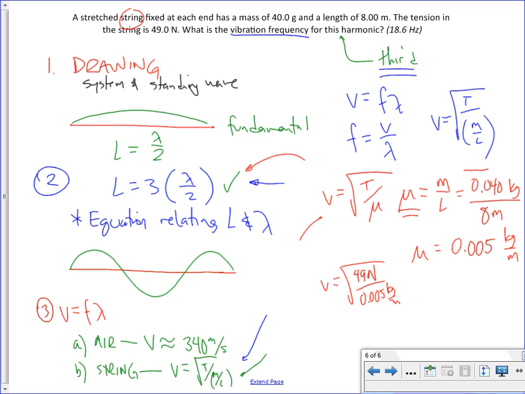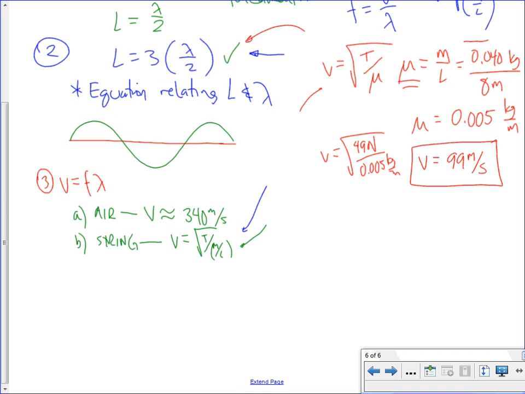All right, so square root of 49 divided by 0.005. That's 9,800, square root of that. So the speed of this wave is 99.0 meters per second. So that takes care of that.